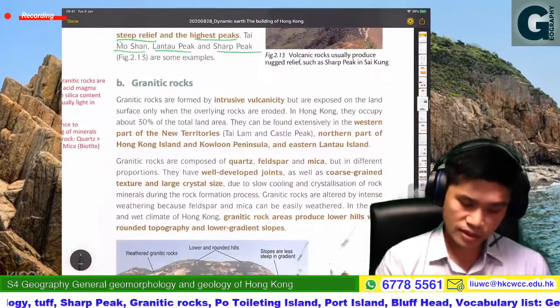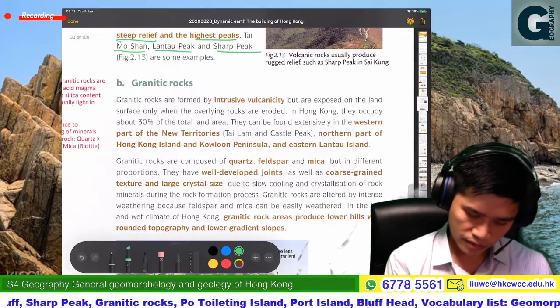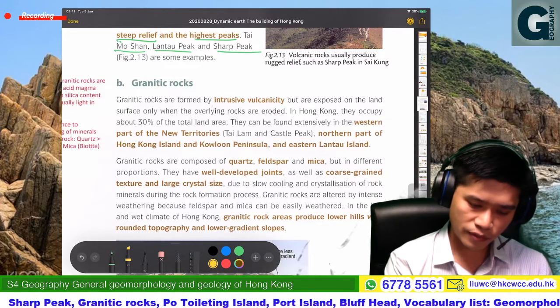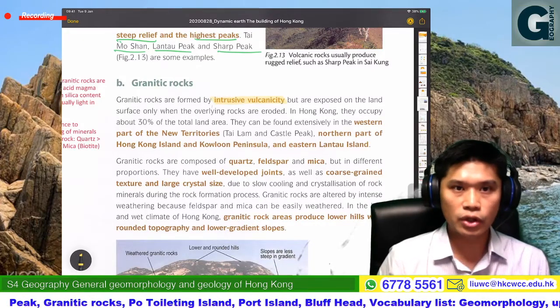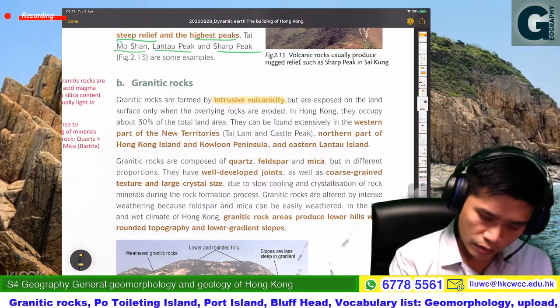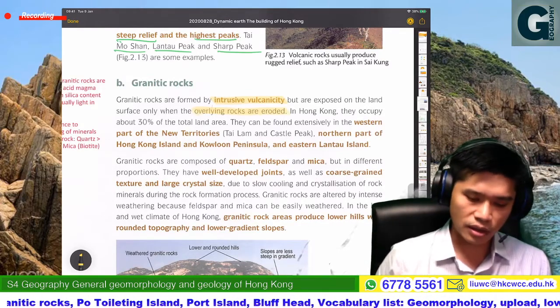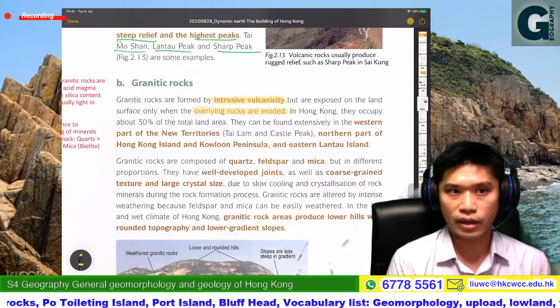And then granitic rock，花崗岩啦。Okay, granitic rock are formed by intrusive volcanicity I've mentioned, but are exposed on the land surface only when the overlying rocks erode. In Hong Kong, they occupy about 30% of the total land area. So where?